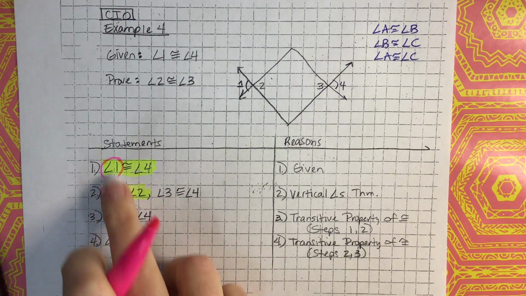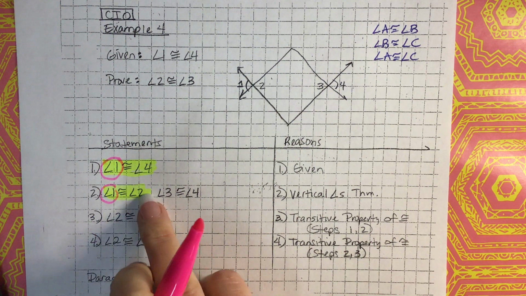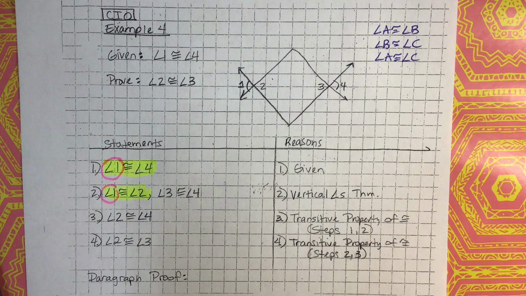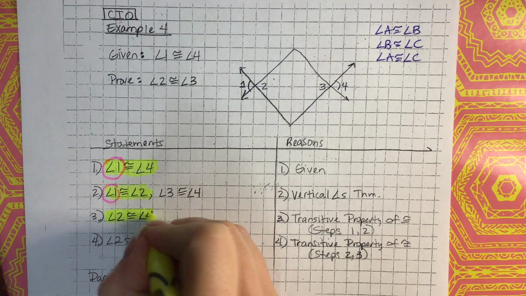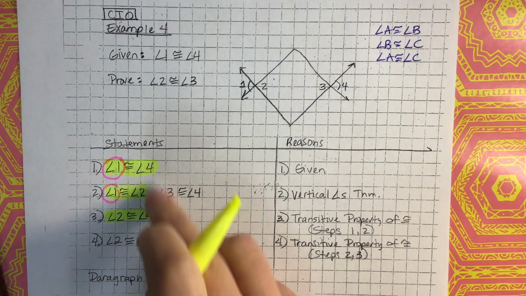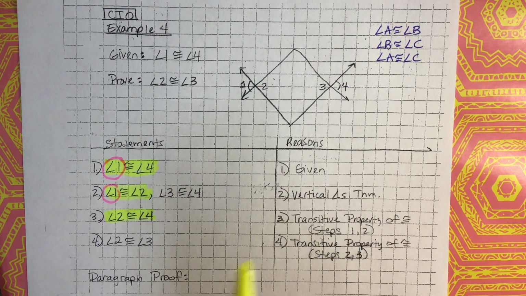So since they're both congruent to the same angle, therefore, they are congruent to each other by the transitive property of congruence, right? They're both congruent to angle 1, therefore they're both congruent to each other.